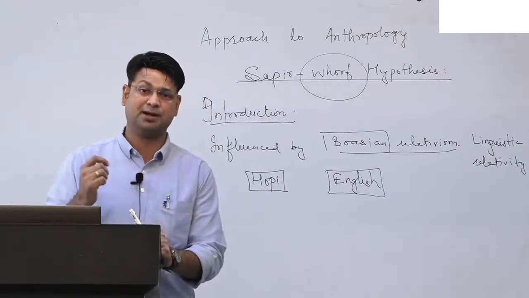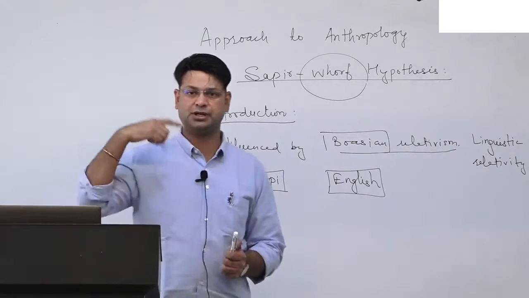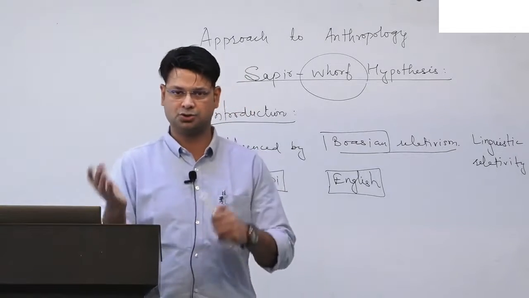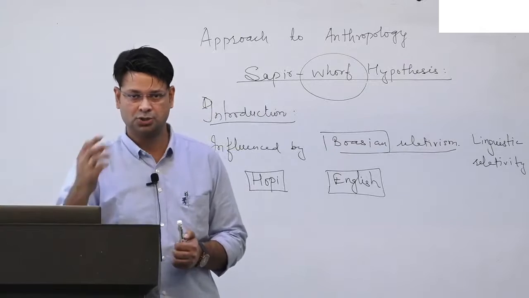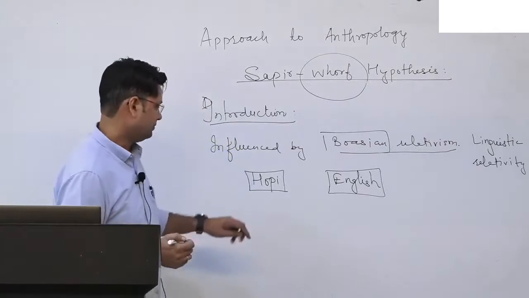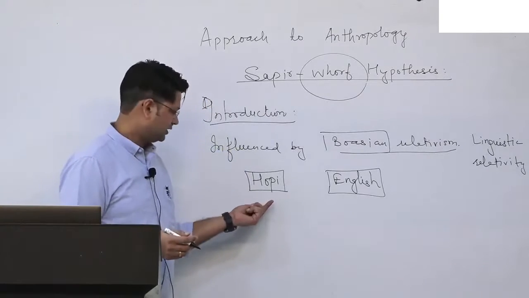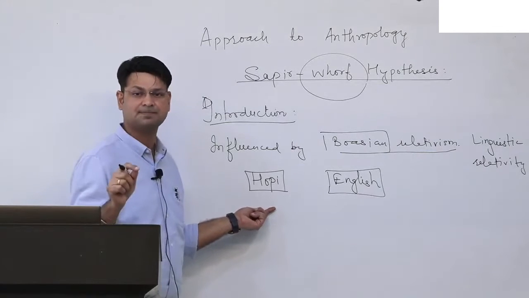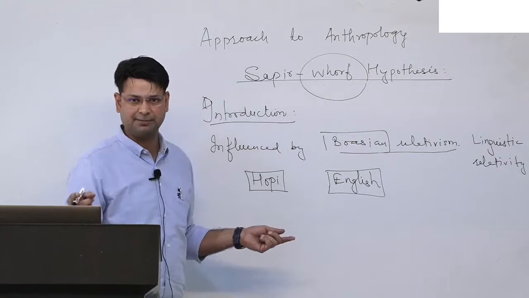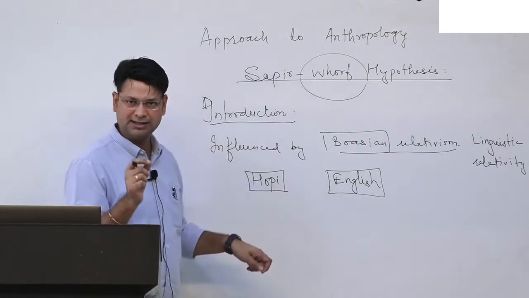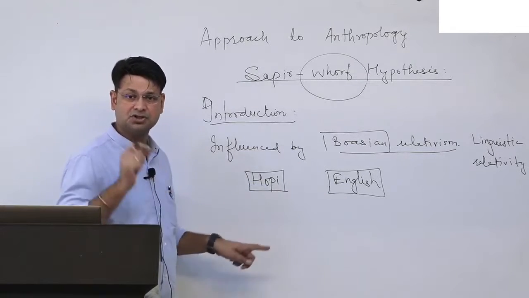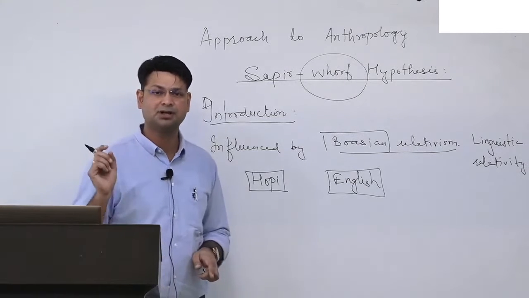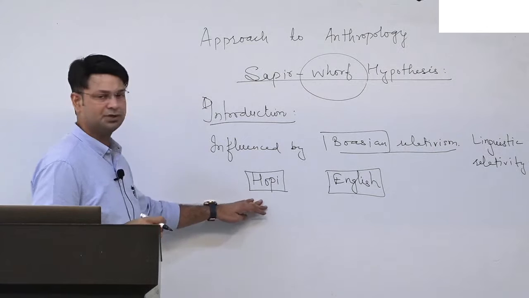For example, in English we can say 2 years after, 4 years after, 3 years before, tomorrow, today, day after tomorrow. So we have a sense of time. The same sense is not available to the Hopi speakers, because their language does not have the sense of time. That was his argument: language shapes cognition, and that is how it shapes the cultural behavior.